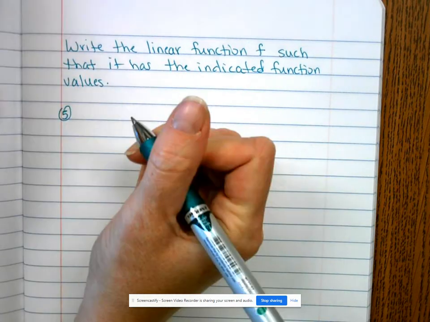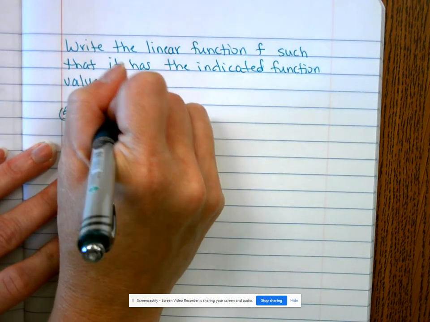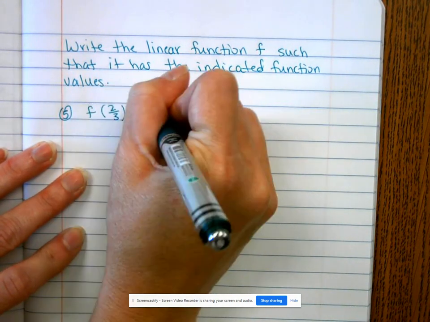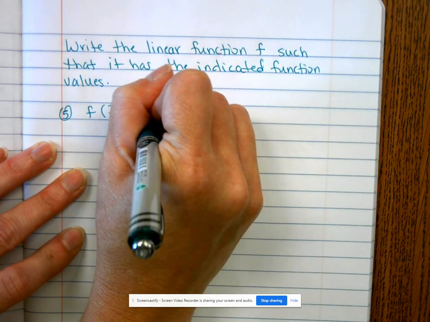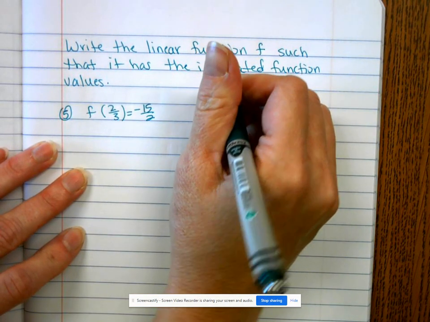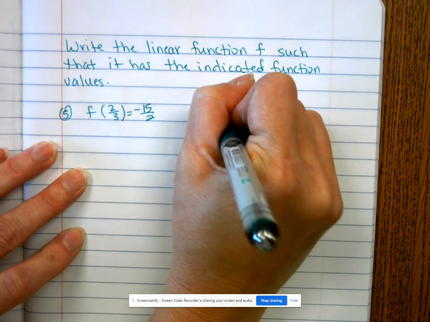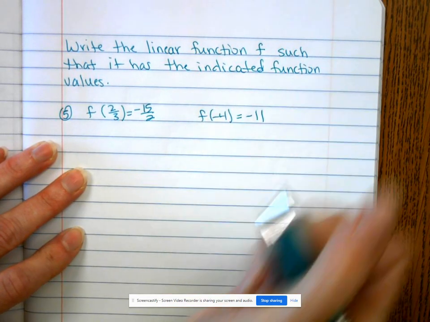Number 5 says that f of 2/3 is -15/2, and f of -4 is -11.